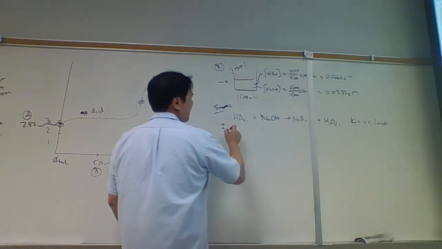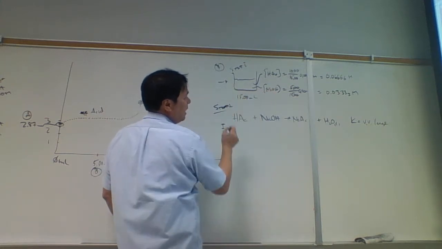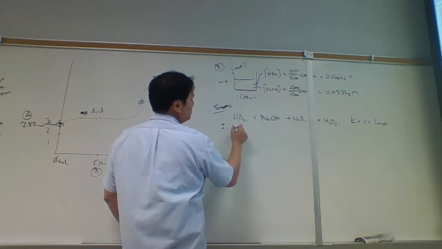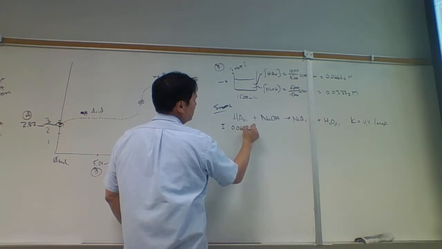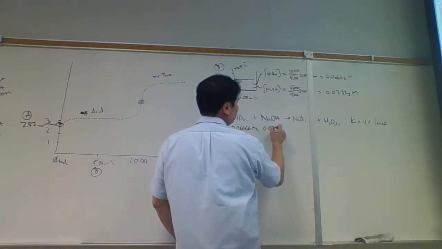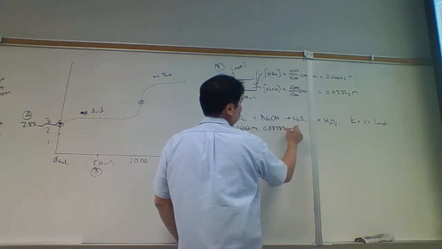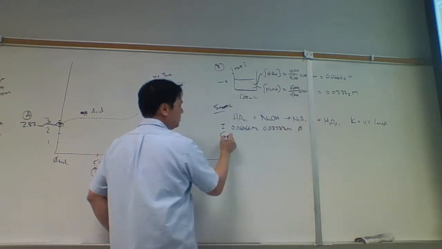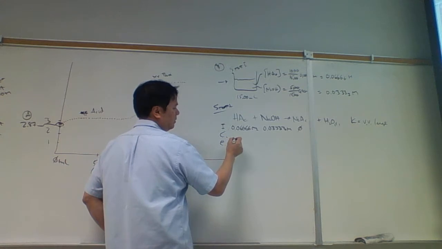All right, so the acetic acid concentration from step I is 0.0666. The sodium hydroxide is 0.0333. And sodium acetate is 0. And so the change here is going to be complete.